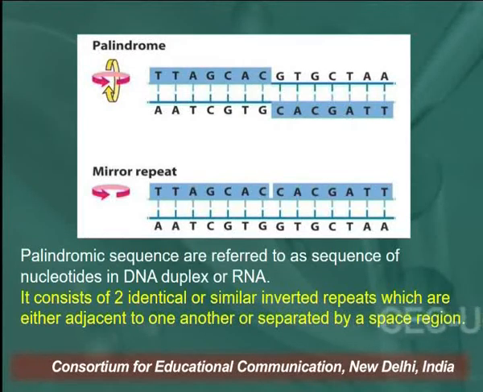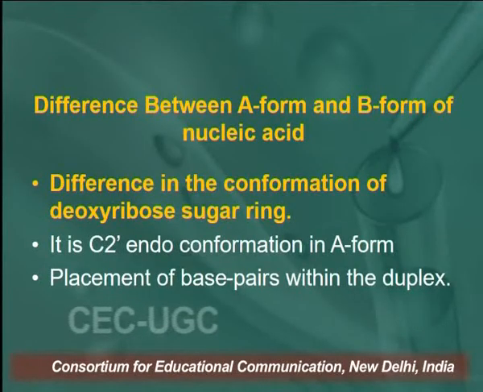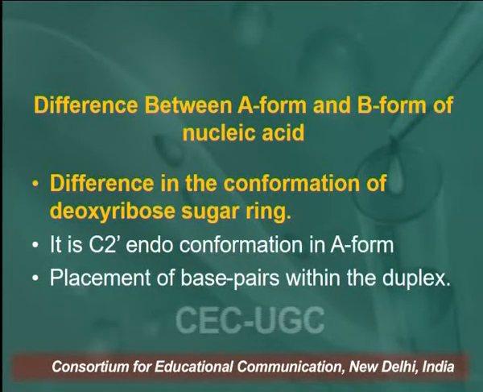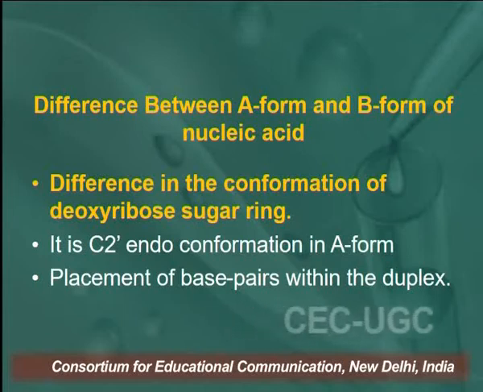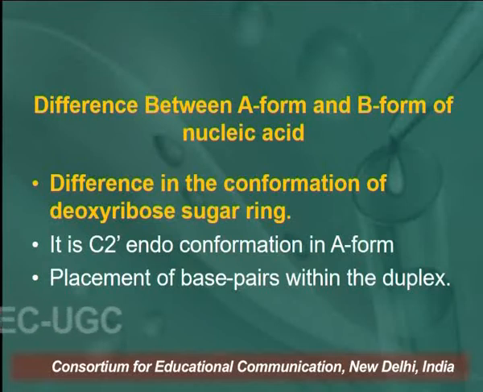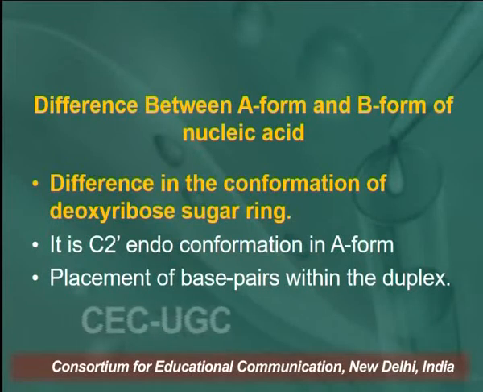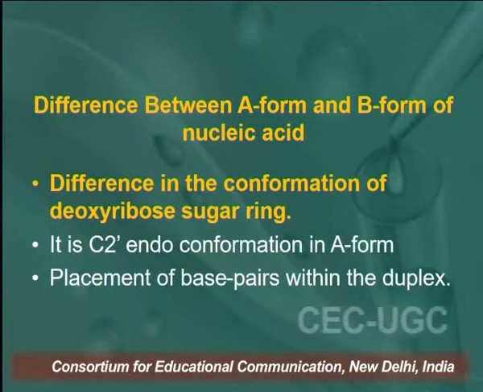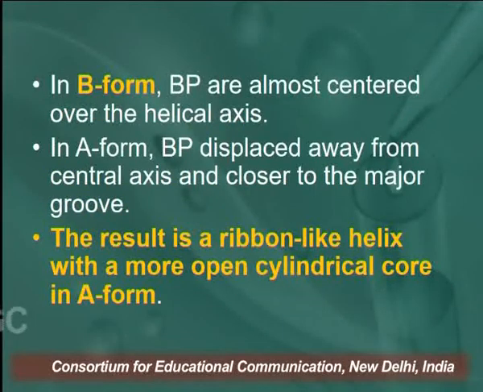On your screen you can see palindrome base sequences or their mirror image. So what is the difference between A form and B form of nucleic acid? The difference is in the configuration of the deoxyribose ring. It is the C2 carbon atom which is in endo conformation in A form, and the placement of base pairs within the duplex is also different.